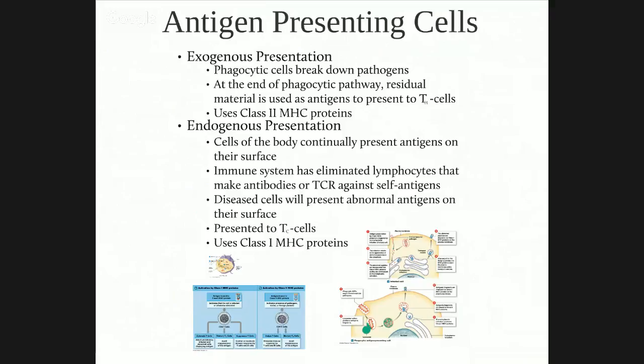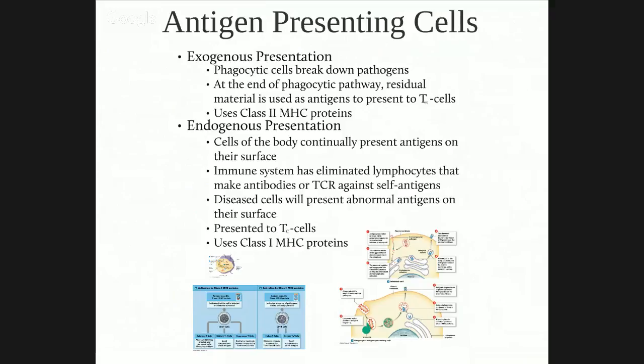So normal body cells that are not infected with anything are just going to present signs of their healthiness on their surface. A fibroblast that makes collagen for connective tissues will show bits and pieces of collagen on its surface, basically saying, hey, look at me, I'm doing what I'm supposed to, leave me alone.